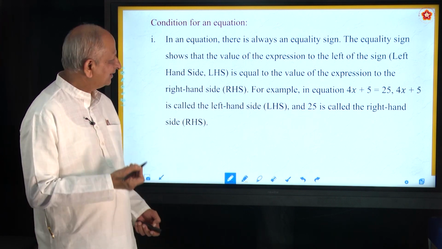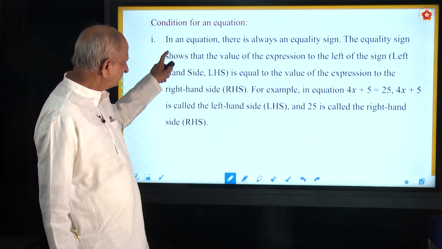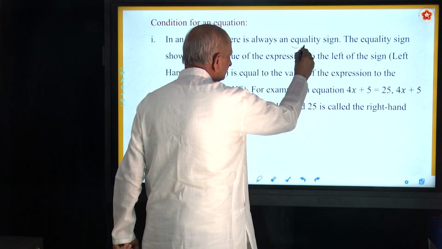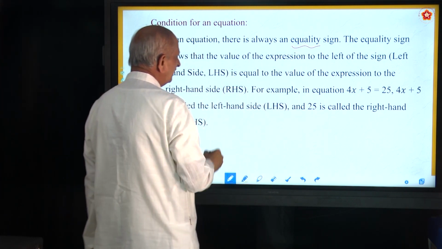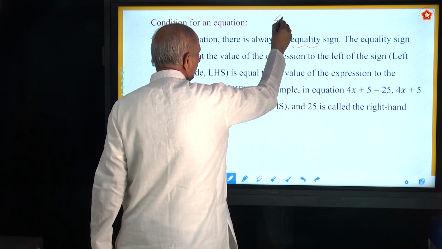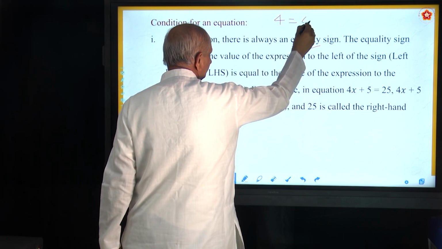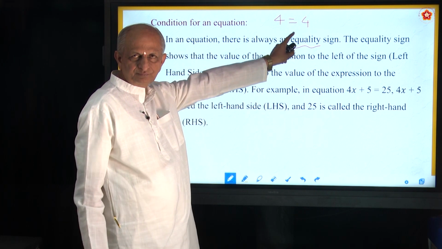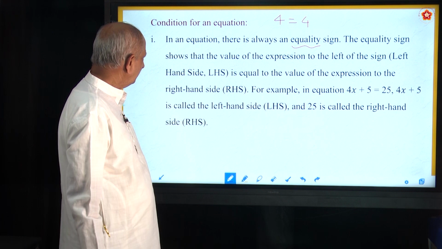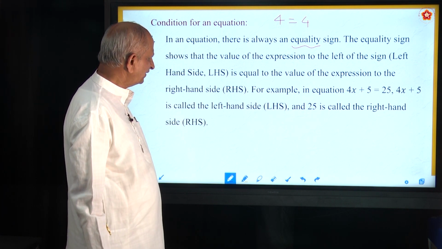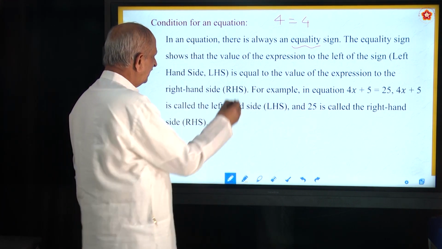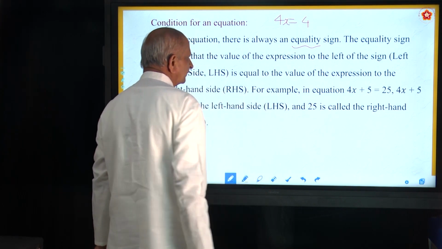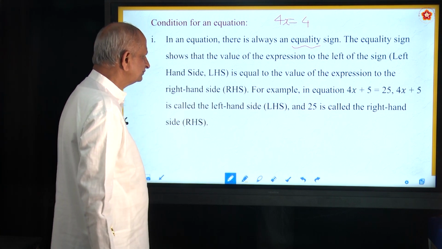So, similarly for an equation there is a condition. There is always an equality sign. What is the equality sign? So, 4 is equal to 4. This is called the equality sign. The equality sign shows that the value of the expression on the left hand side, suppose you have 4x here, is equal to the value of the expression on the right hand side.